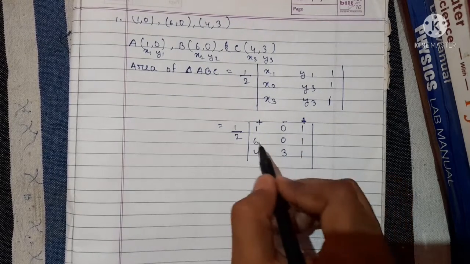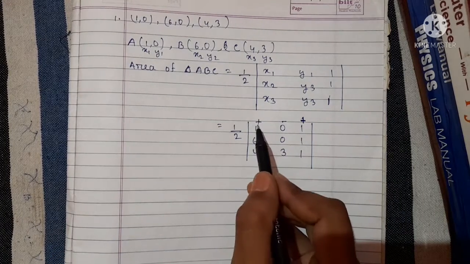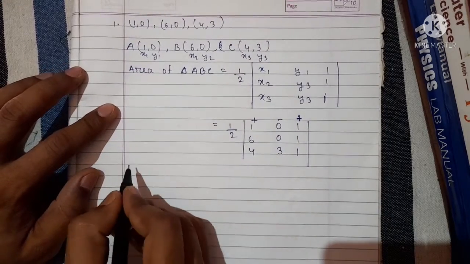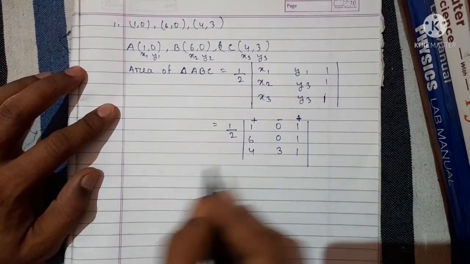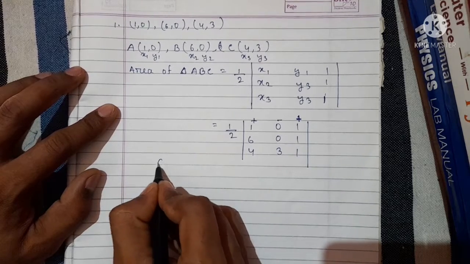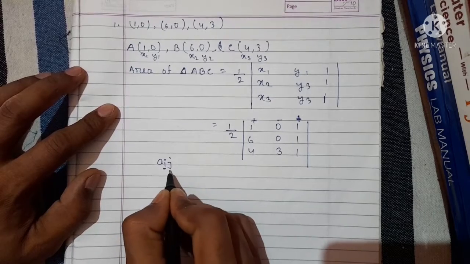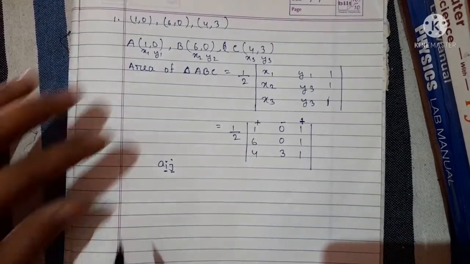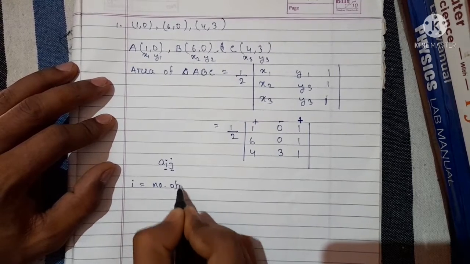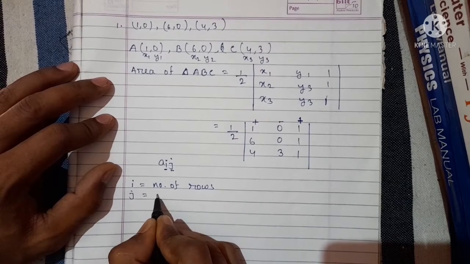If you do not know this, watch my previous video, and you will understand why I am writing this plus, minus, plus. Let me explain briefly so that you can understand. I already told you that we can represent an element as a i j, where i is the number of rows and j is the number of columns.